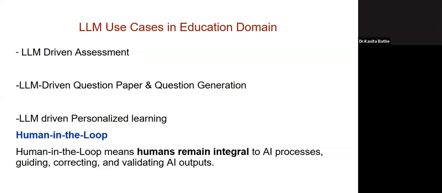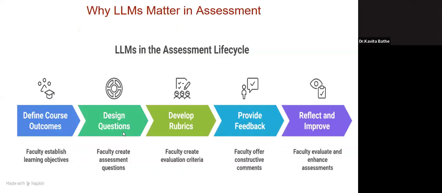For instance, if I'm using a large language model to generate some questions, and the model is creating hallucinations, the teacher must cross check it, and only then can it be considered. So likewise, for each use case, human in the loop is a must. Particularly when we are talking about LLM use cases in the education domain, human in the loop is a must. Now, let us start with the first case.